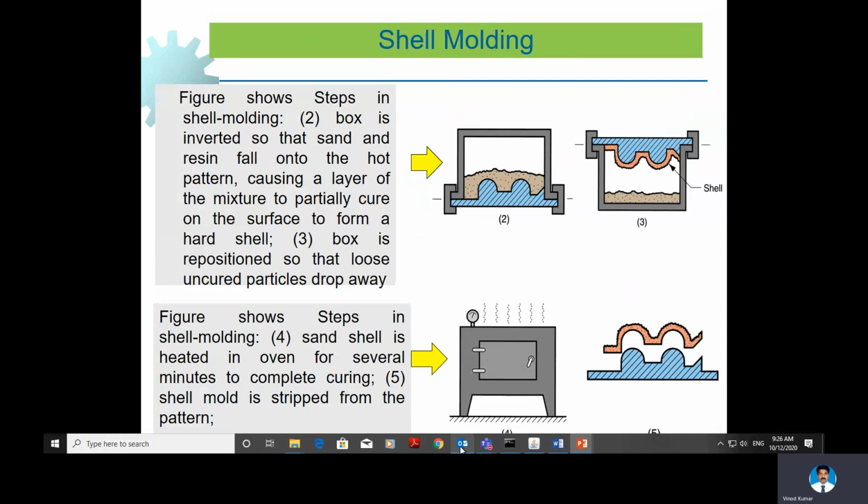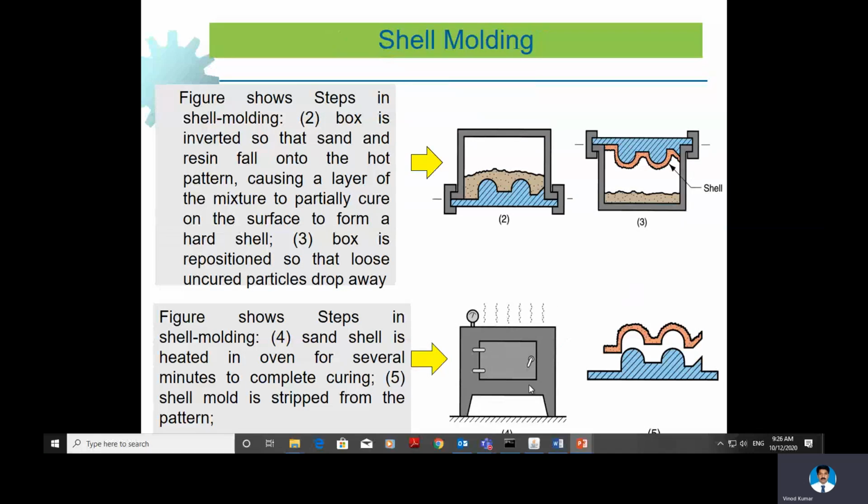Now step 4, the sand shell is heated in the oven. We heat it in the oven for several minutes to complete curing. This curing process is to improve the strength of the mold. Otherwise, the mold will have less strength.